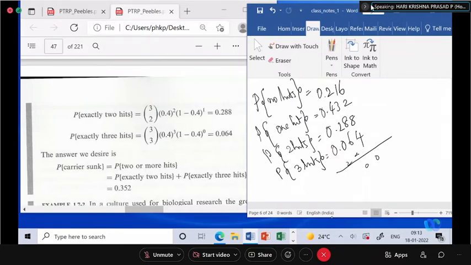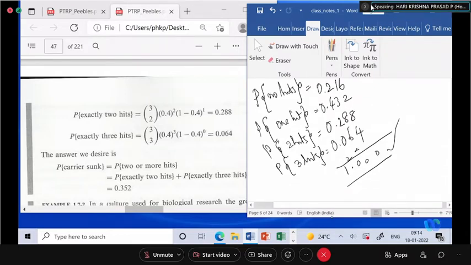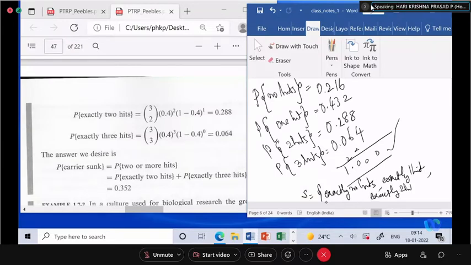Now the sum of all the probabilities is 1. So we should get 1. That is very important. What does it mean? The sample space has got only these 4 combinations: exactly no hits, exactly 1 hit, exactly 2 hits, and exactly 3 hits.